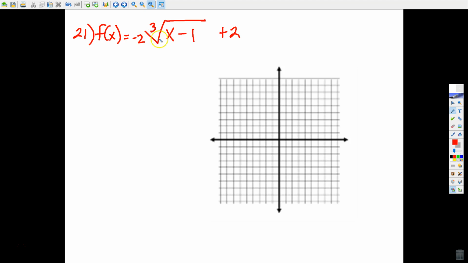This time it's going to be a transformation because multiplying by -2 is going to take our parent points and reflect them over the x-axis. Okay, so we'll start with those parent points.